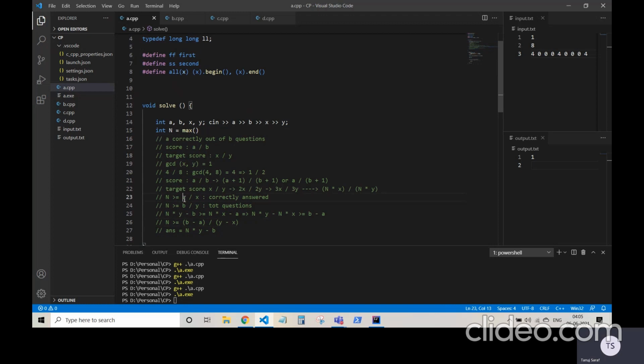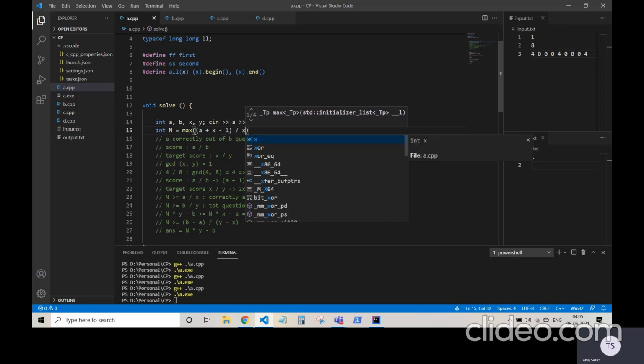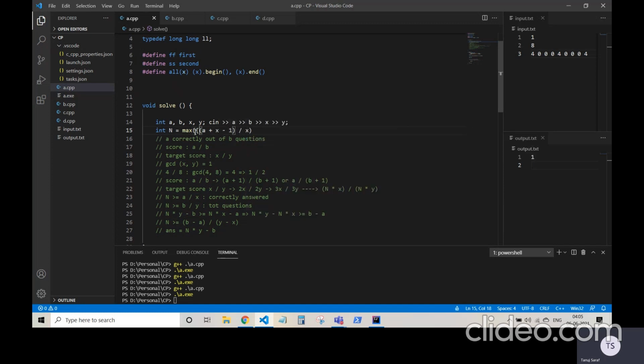Since this may not be exactly an integral value, we need to take a ceil over here. So either you can use the inbuilt ceil function or you could write it in this form.